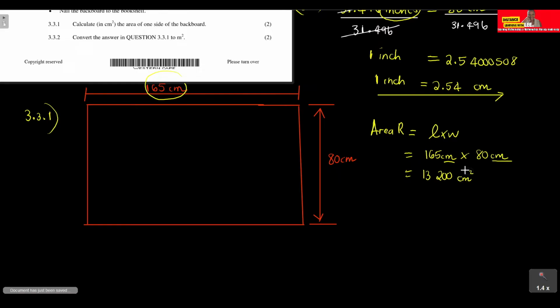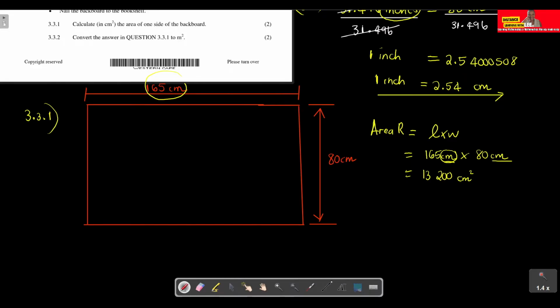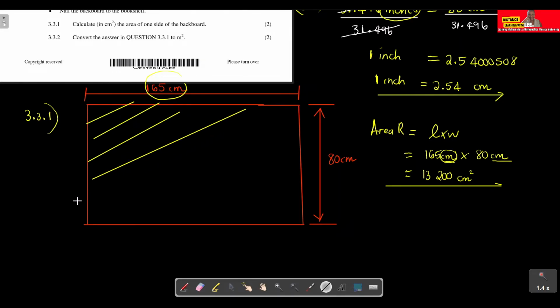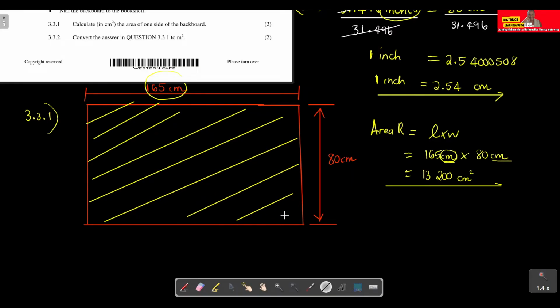We've got 2 centimeters there, so centimeter times centimeter is centimeter squared. That is now the area of one side of the backboard, just the area that is covered by one side of the backboard.